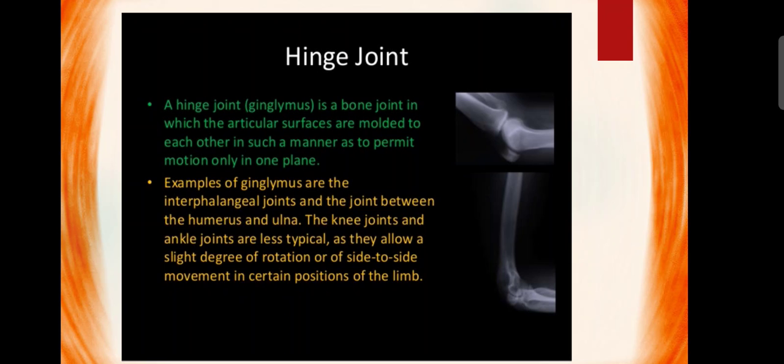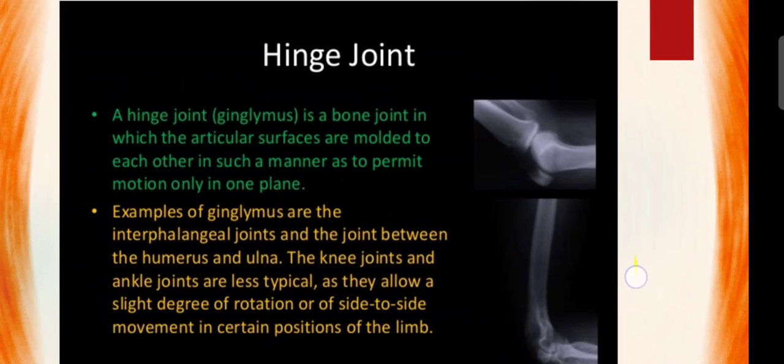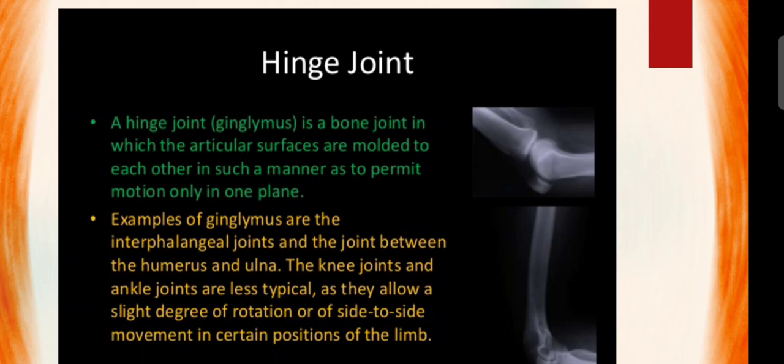Next kind of joint is the hinge joint. A hinge joint, also called ginglymus, is a bone joint in which the articular surfaces are molded to each other in such a manner as to permit motion only in one plane.